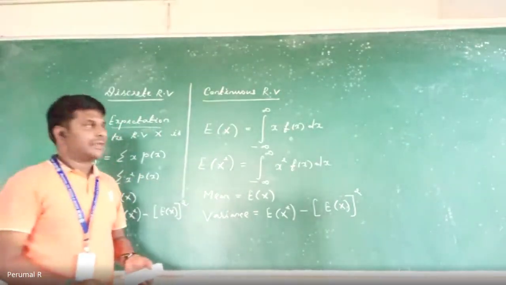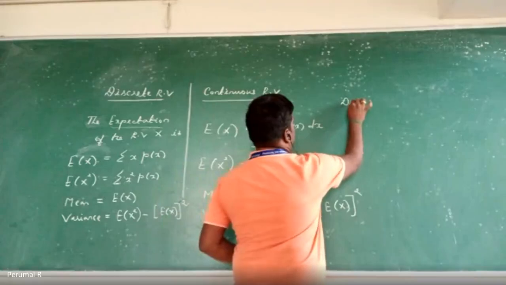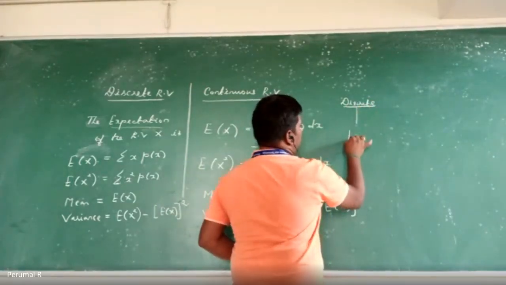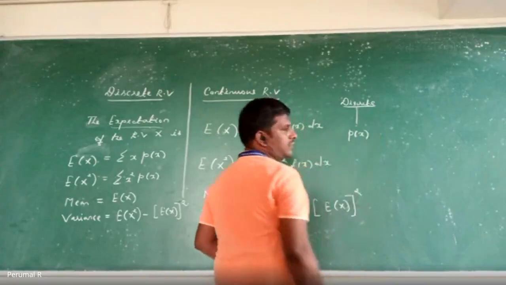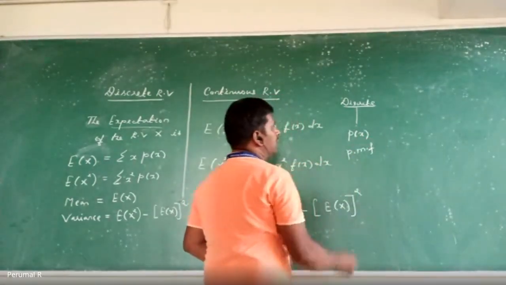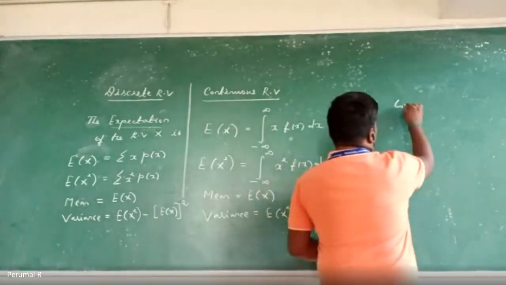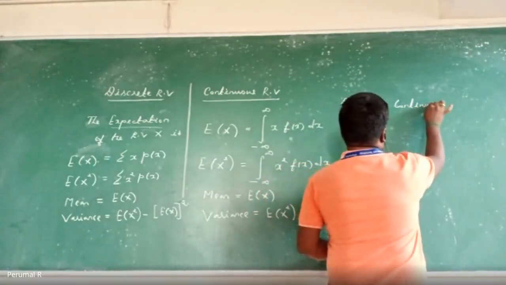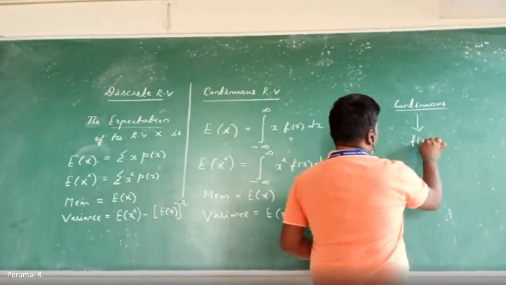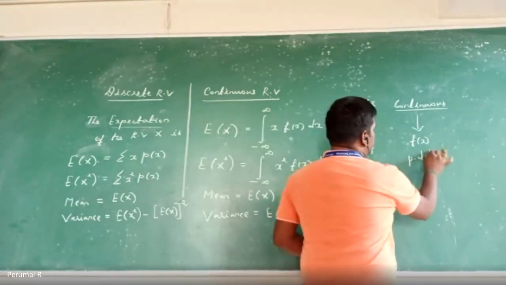Clear? Discrete means the corresponding probability function is called a probability mass function. Continuous means the corresponding probability function is denoted as f of x, and this is called a probability density function.